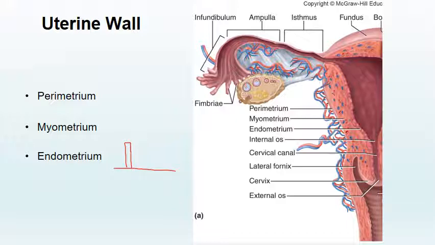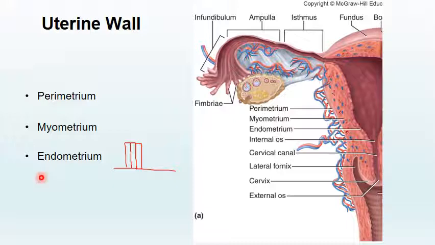So just one layer of simple columnar cells, like this, are going to make up the endometrium, as well as we have a bunch of leukocytes, glands, and macrophages that are also associated with this particular layer of the uterine wall.